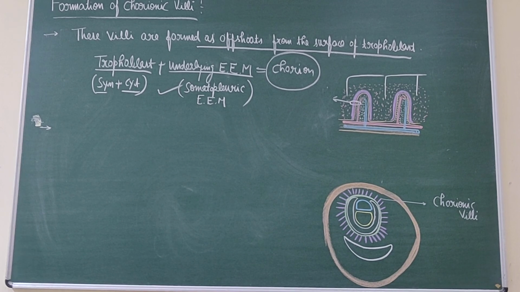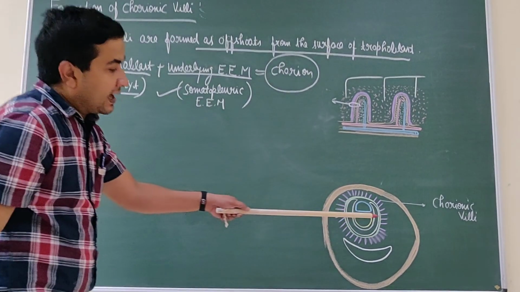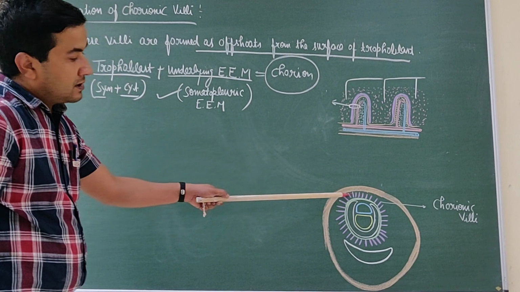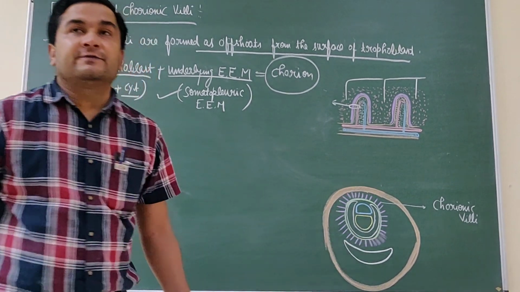Initially, these villi are present all over the surface of the trophoblast.